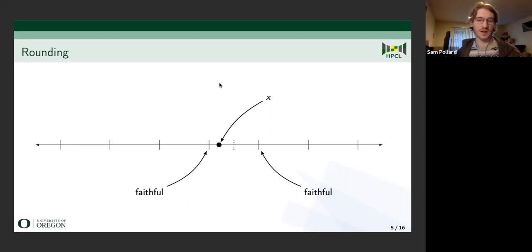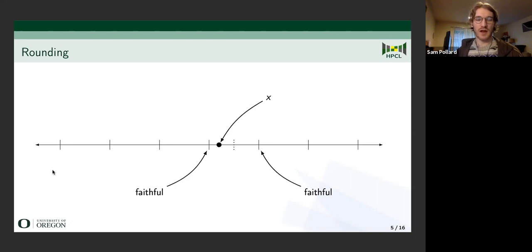So the next thing we'll talk about is rounding. Let's take each of these vertical lines to be a floating point value. And anything in between is a real number, but it is not representable as a float. You just don't have enough bits. So you can imagine we're way zoomed in here. This is not between -1 and 1. This might be between some very small numbers.